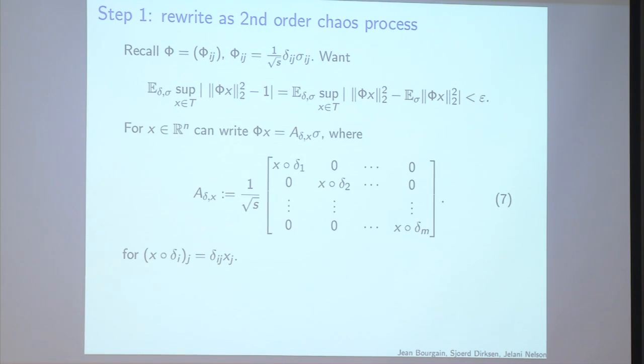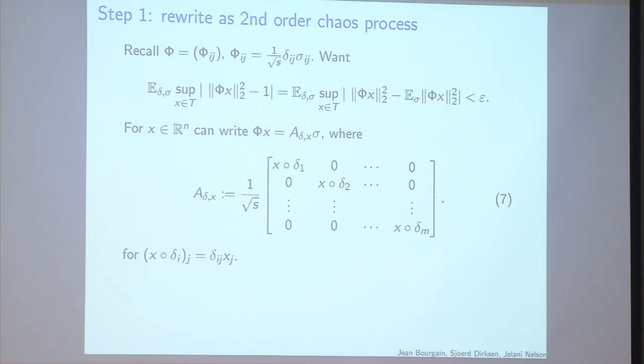Now I'm going to write it as a degree 2 polynomial in a bit of an artificial way. We can write phi x as A_{delta,x} times vector sigma, where sigma is simply a very long vector where I've stacked all the rows of this original random sign matrix into a vector.